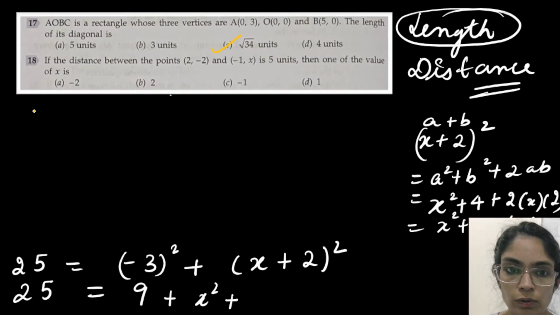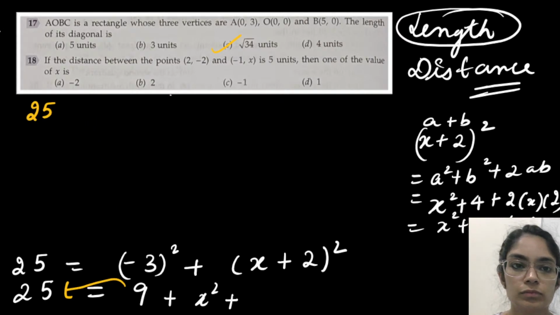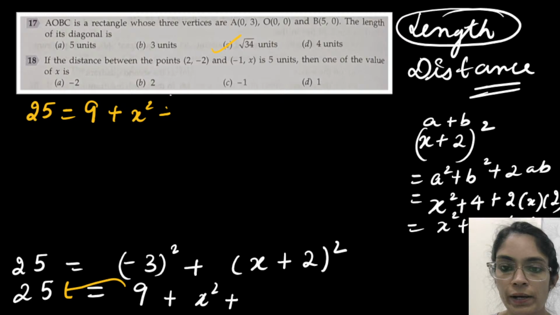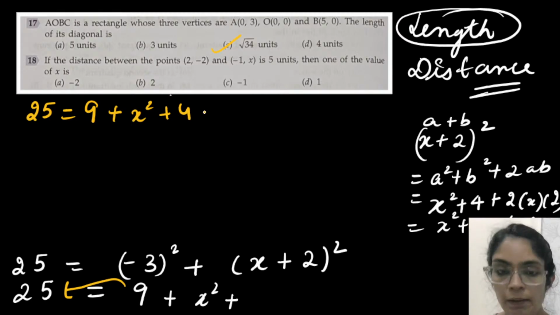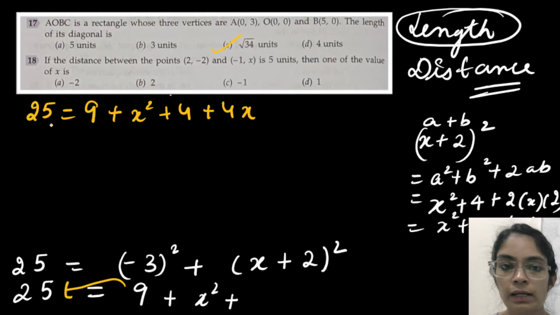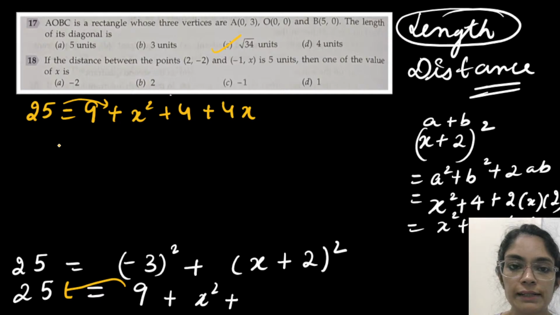Yes. So 25 is equal to 9 plus x square plus 4 plus 4x. Let's shift 25 also to this side. On the other side we don't have anything, I'll write 0.